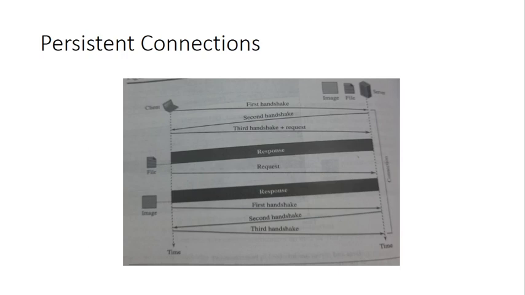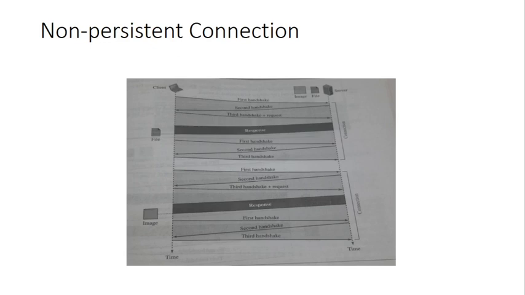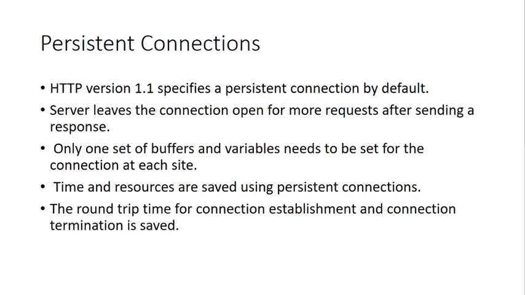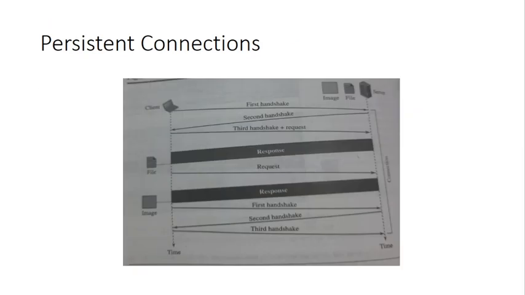So comparing these two figures, the persistent and the non-persistent connection, we can see the difference. Here at least 3 handshake messages are exchanged from each side, but here just one transaction.